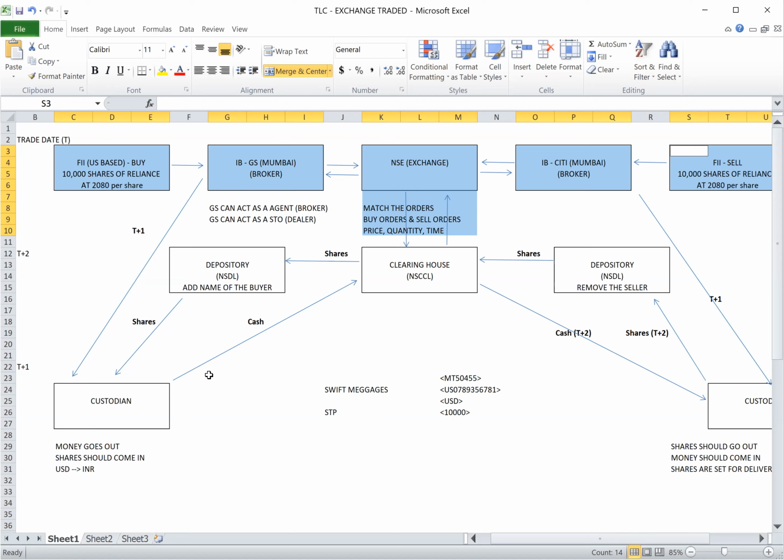You get a trade note or a file from the exchange that shows how many shares you bought, which shares you bought, at what price your trade is executed. All these details you will get immediately as soon as your trade is executed. Is it clear as well?